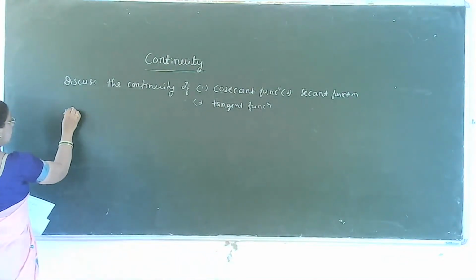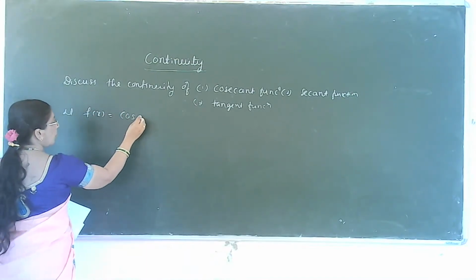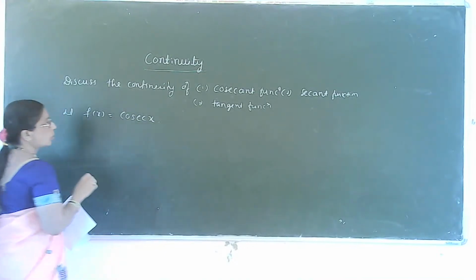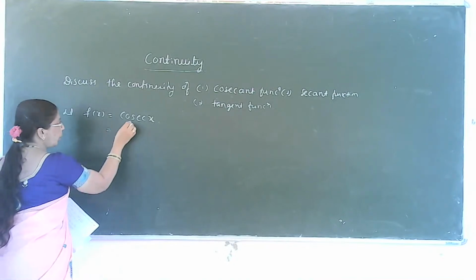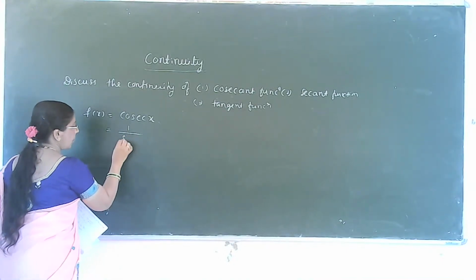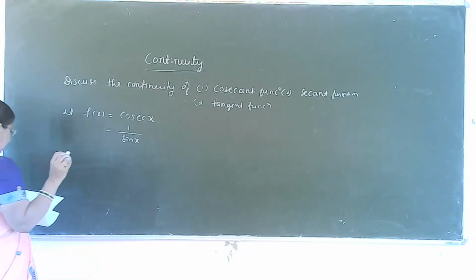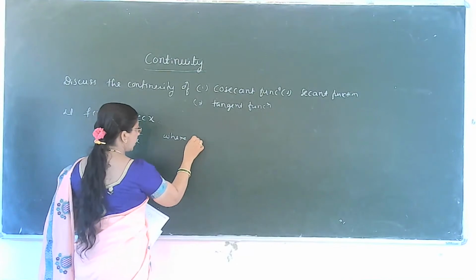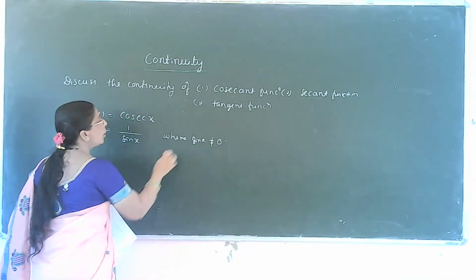First, let f of x equal cosec x. Here, we already know cosec x is 1 by sin x, where sin x should not be equal to 0.